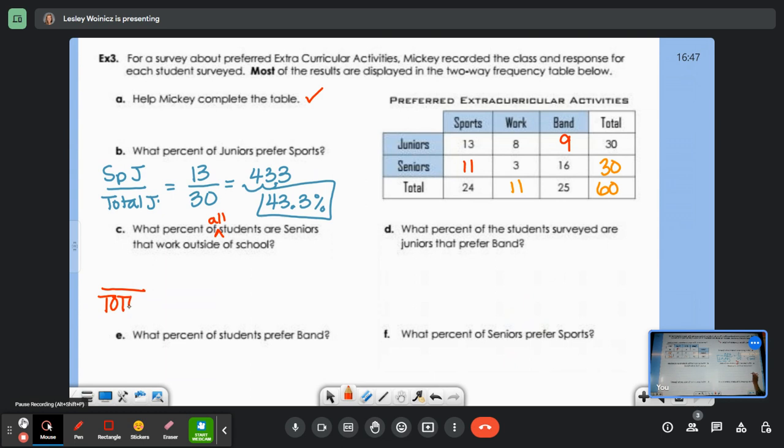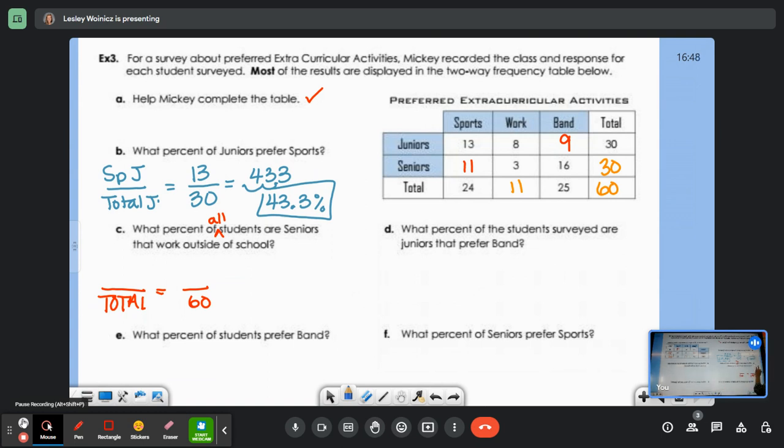All caps total, which was 60. Okay, so now we want the seniors that work outside of school. There's 3 of them. That doesn't seem accurate. Well, I guess more seniors might work, but they don't prefer to do it.